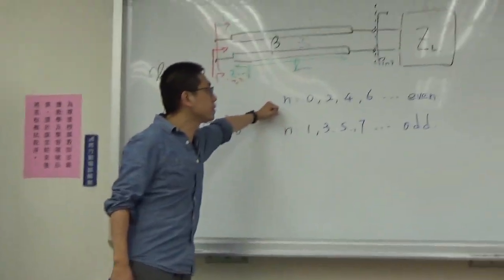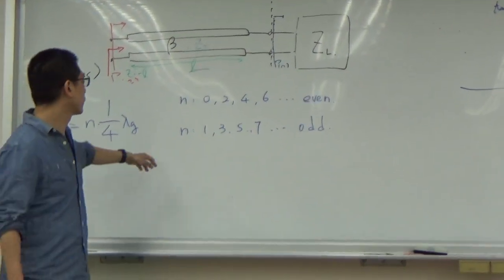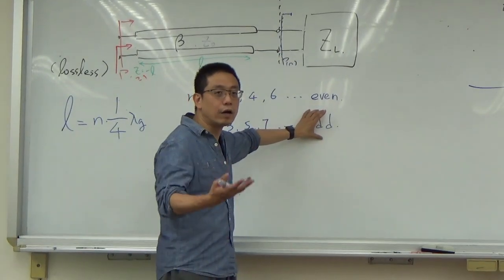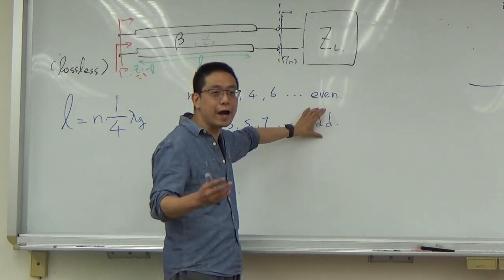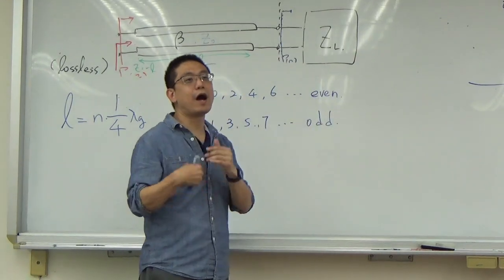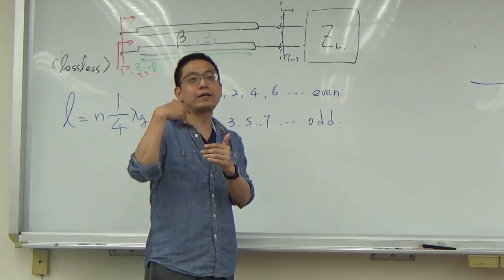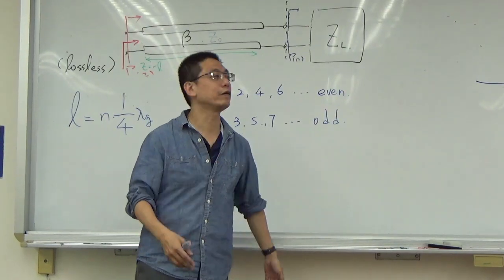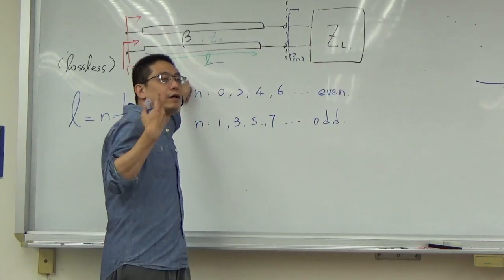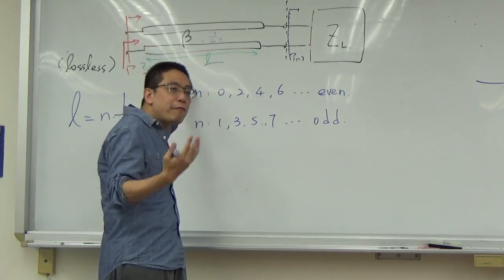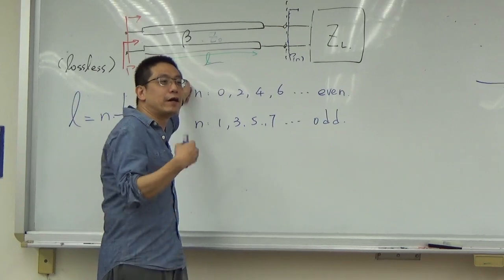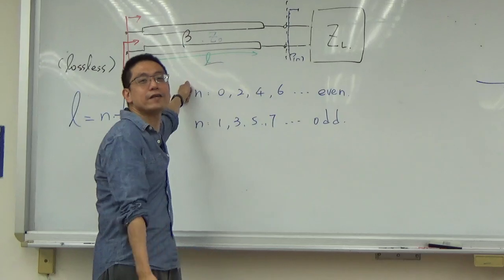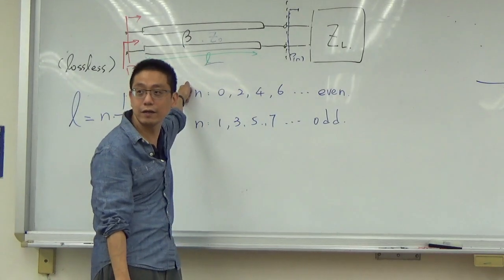For that case, it is a quarter wave transmission line plus the half wave transmission line times some integer. Or it is a half wavelength transmission line and the multiplication of this half wavelength transmission line. Understand?